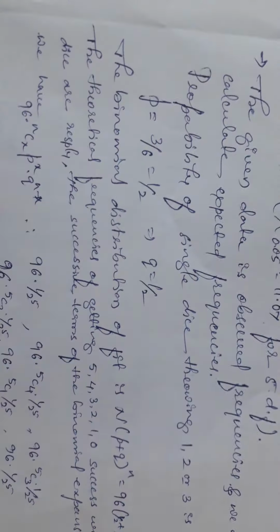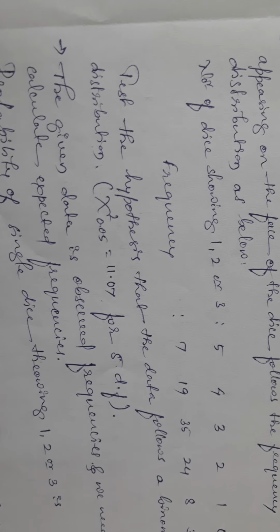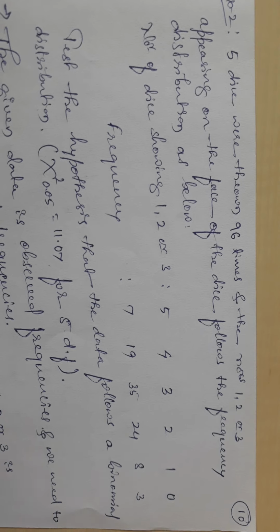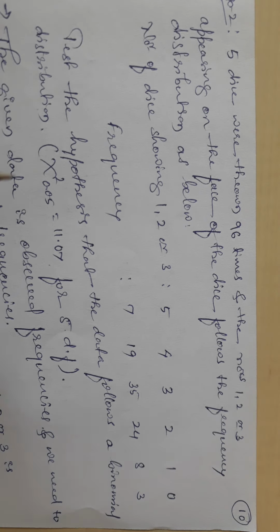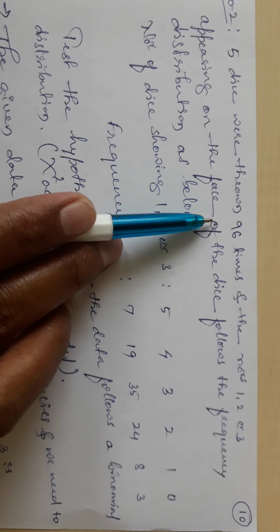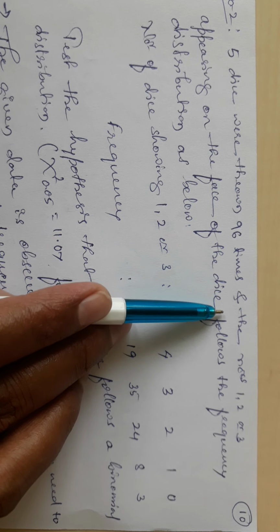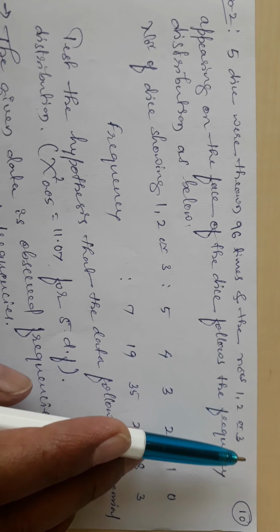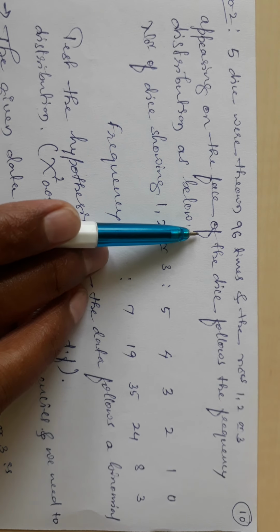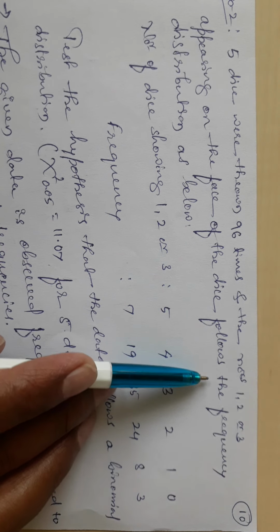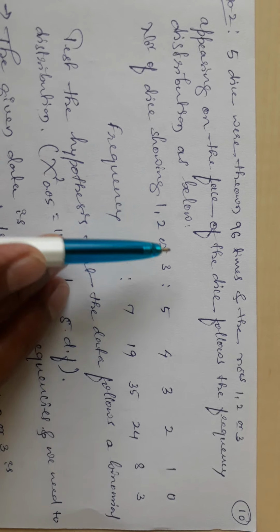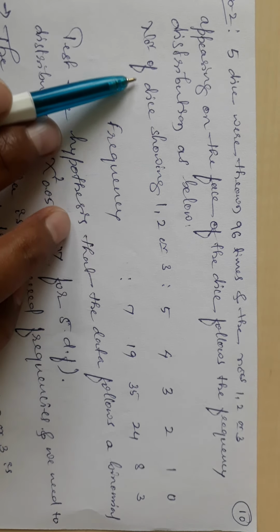Consider one more example. Five dice were thrown 96 times and the number of dice showing 1, 2 or 3 on the face follows the frequency distribution below.